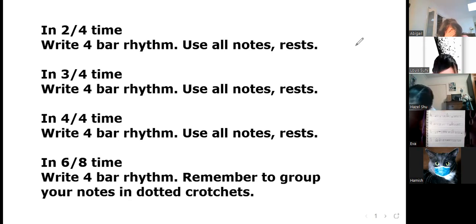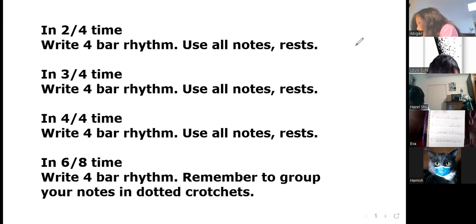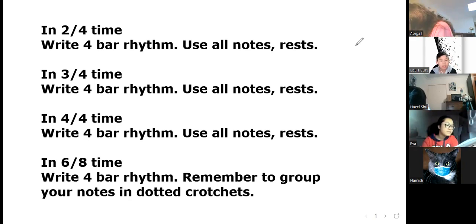And Eva. So I'm just trying to get a good look at that. Okay, for 6-8, your full bar, are those triplet markings? Remember, you don't put triplets in 6-8. You just group them as 3 quavers.